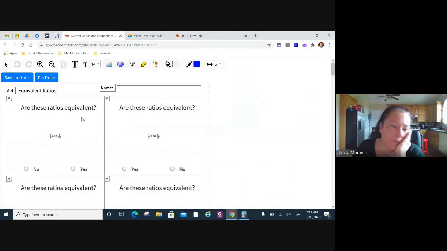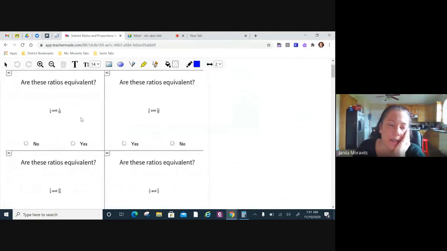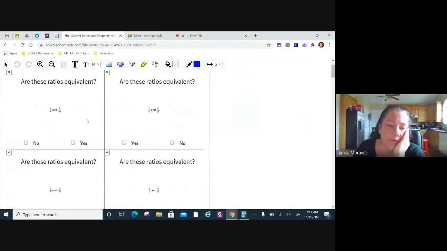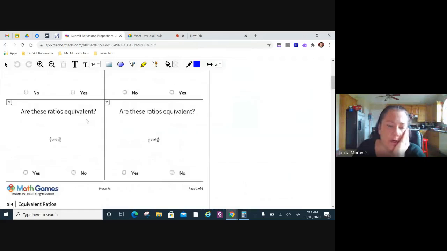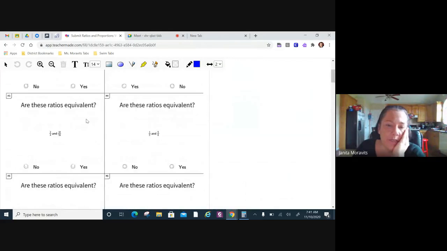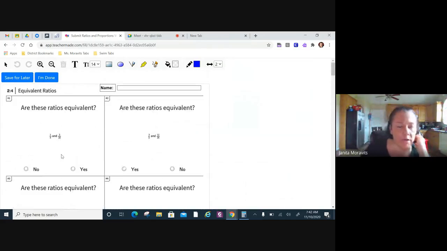First of all, this again is practicing equivalent ratios. We've done this before, and there's lots of practice on the equivalent ratios, and we need to know if they are equivalent or not. Right here we have 1/4 and 3/20.